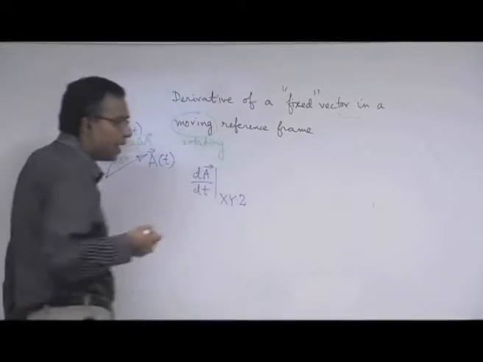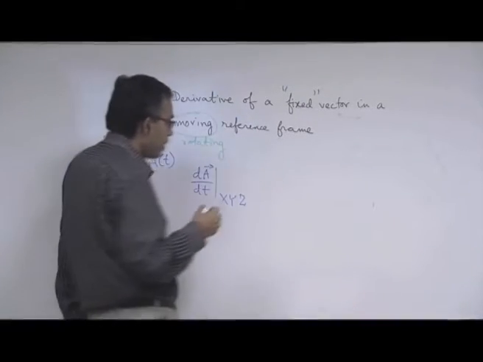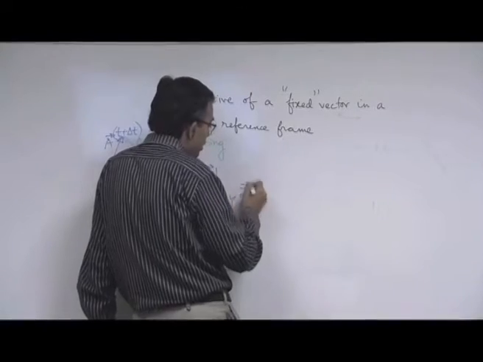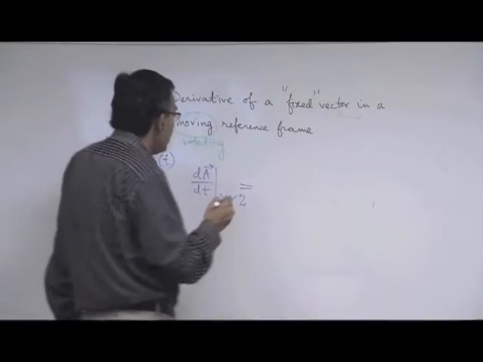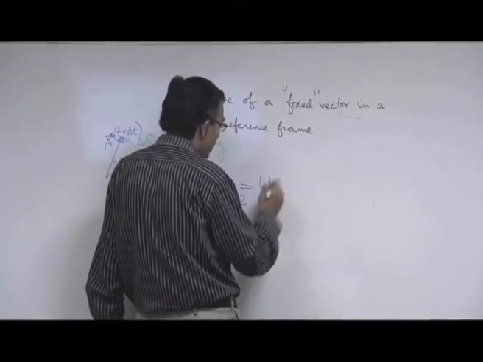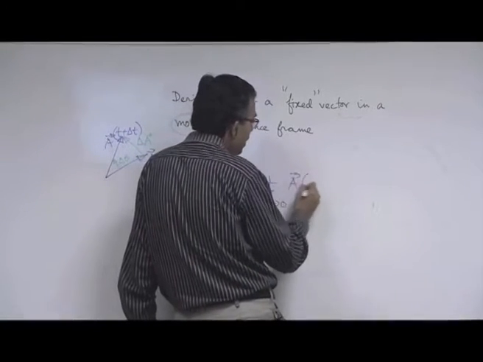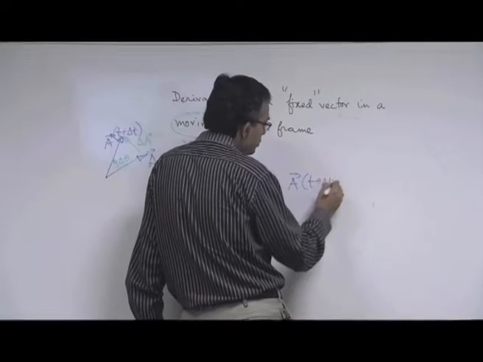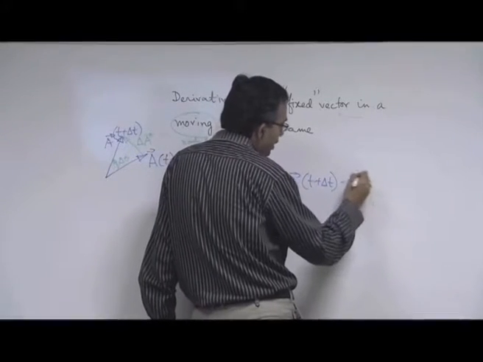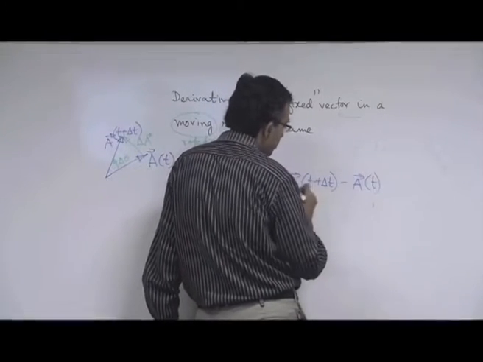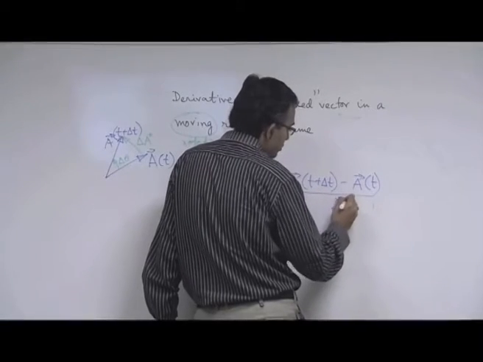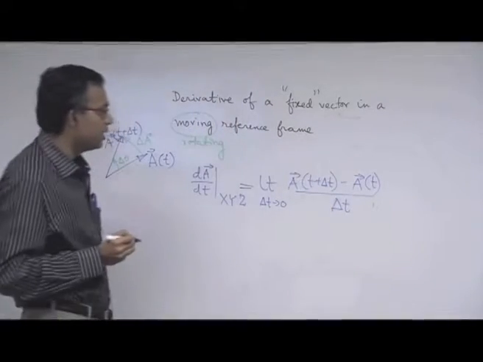So dA dt in capital XYZ is equal to limit as delta t tends to 0 of A at t plus delta t minus A at t, divided by delta t, right.